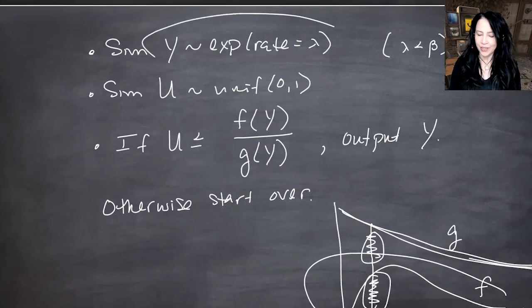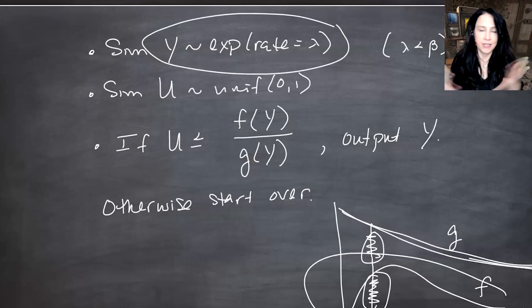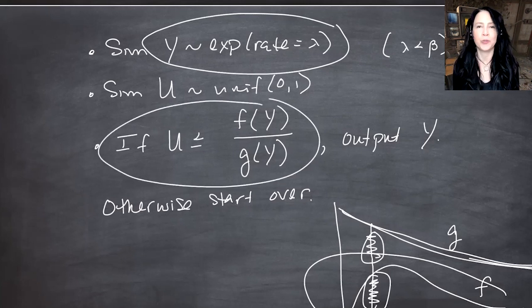If you took your h to be the target f, which you wouldn't do because otherwise you couldn't simulate from it and you wouldn't be doing this, then your g would also be that target f because it's already normalized. And you would be looking at if the uniform is less than or equal to 1, which it always is. So if you could draw from the gamma distribution and run it through accept reject, you would always accept it. And that makes sense.